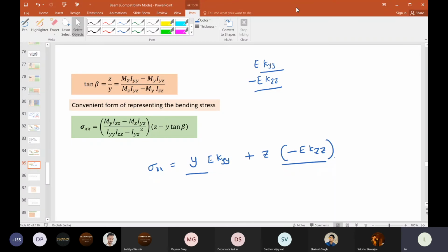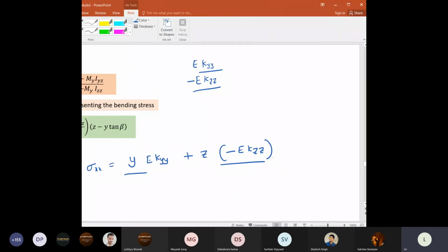Let's take this as a beam. Now in simple bending, it will bend like this. So it is actually KYY. If you draw the projection, it will be R, and 1 by R is what you are looking at.